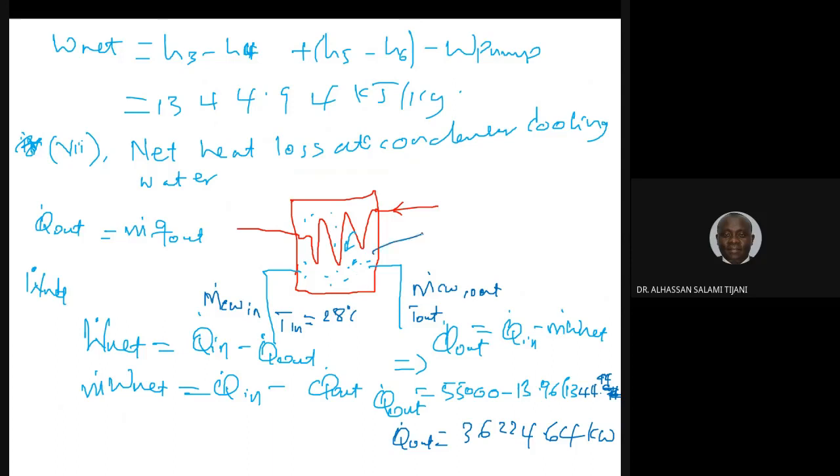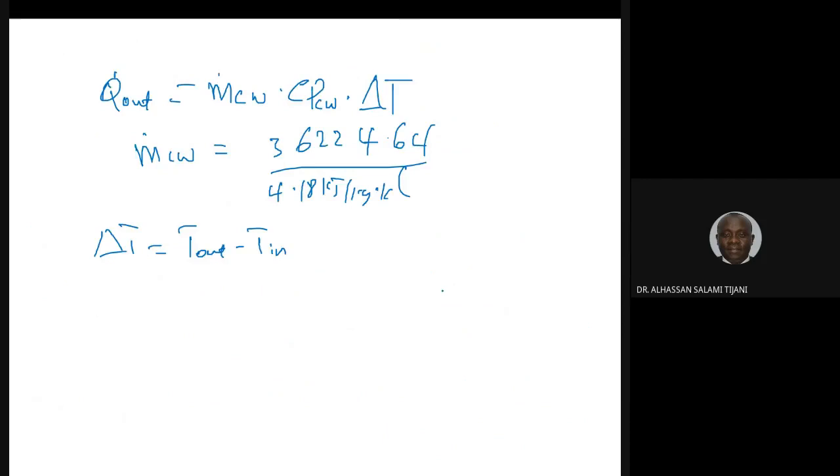Since the operating pressure of the condenser equals 50 kilopascal, we need to determine the saturation temperature at this pressure, and that corresponds to T outlet.